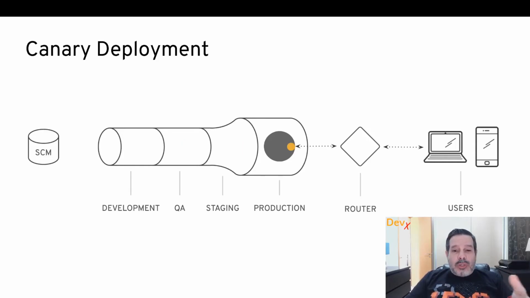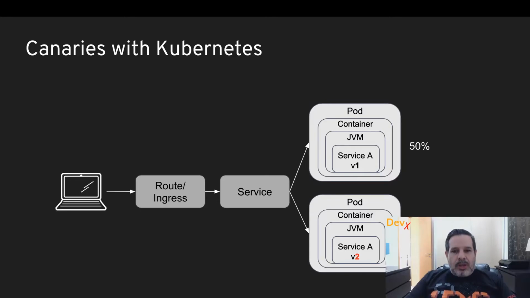This version is called the Canary version, and then we will start sending traffic to that version. If the canary is happy and singing, the Canary version of course, then we can increase the amount of traffic on that Canary version until it completes 100% of the traffic.